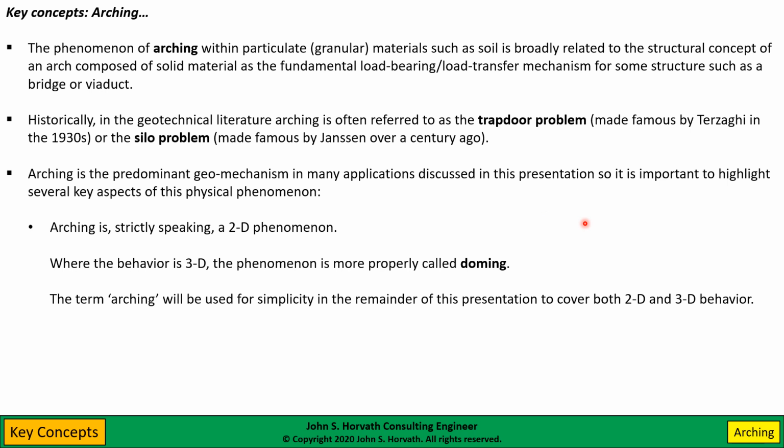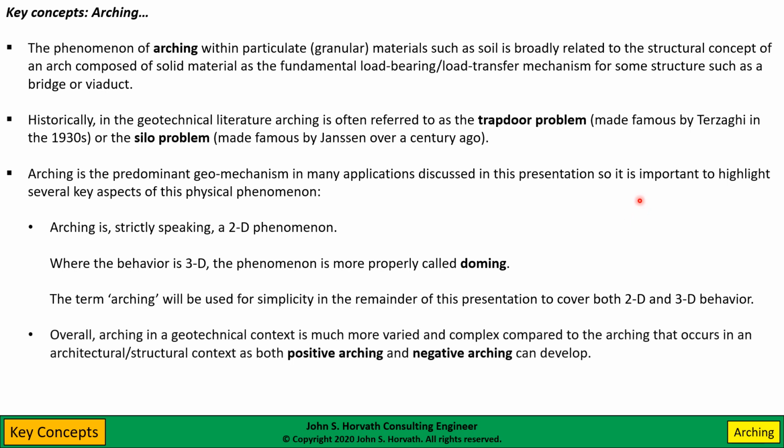However, for simplicity, I'll use the term arching in this presentation to cover both two- and three-dimensional geotechnical behaviors. Now, geotechnical arching is much more varied and complex compared to what we might call structural or architectural arching, because in geotechnical engineering we could have both positive and negative arching.